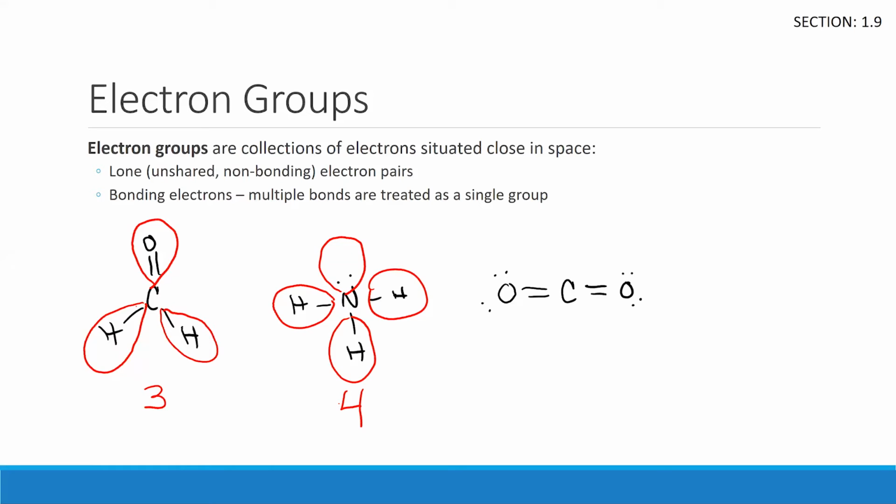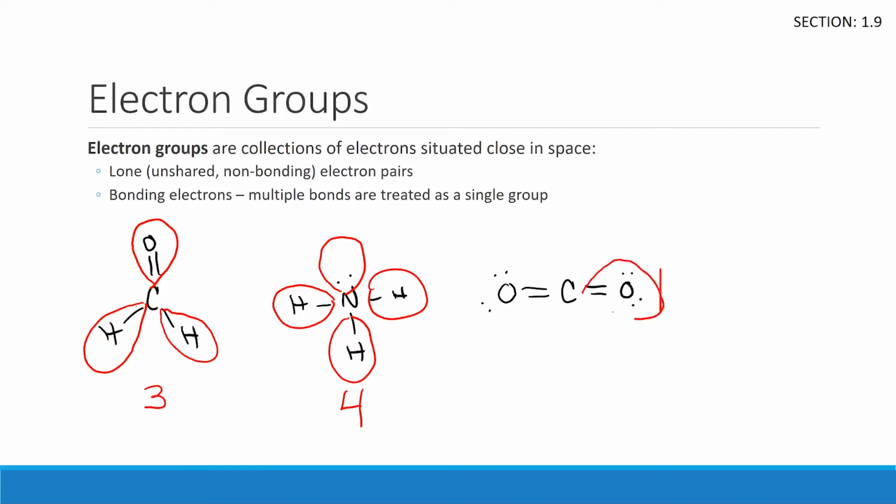Okay, in our next example, I want to remind you that we're always looking at the central atom. These oxygens have lone pairs on them, but our central carbon does not have any lone pairs, no unshared electrons. There are, however, bonding electrons. This carbon forms a bond to an oxygen on its right.